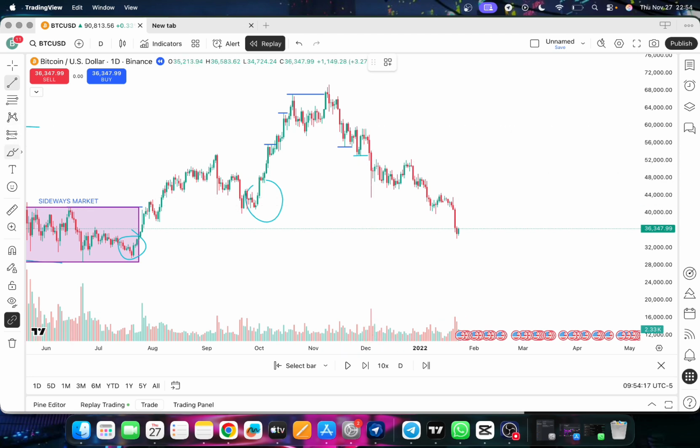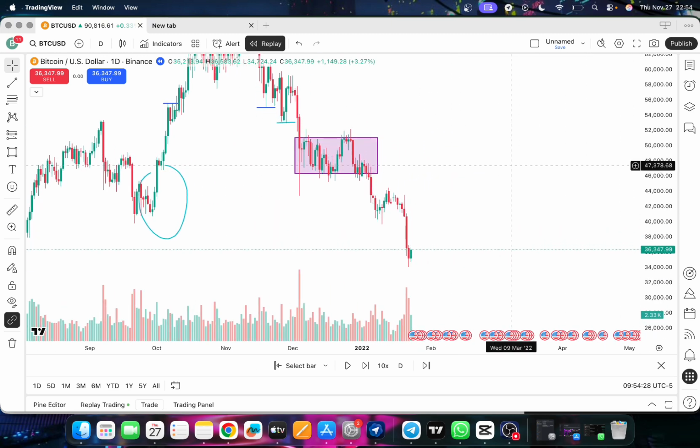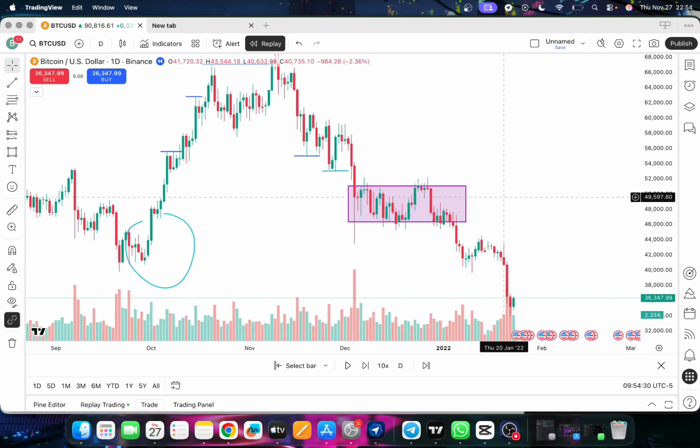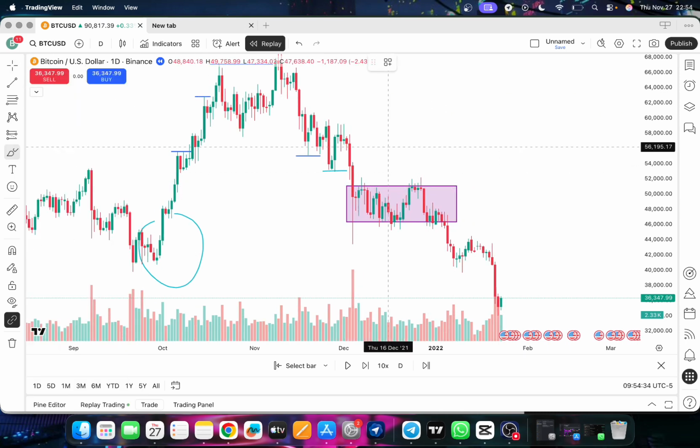Actually, this is a consolidation, a sideways market, because what does it do? It fits into a rectangle. So here, actually, you can take shorts. You can take shorts here.